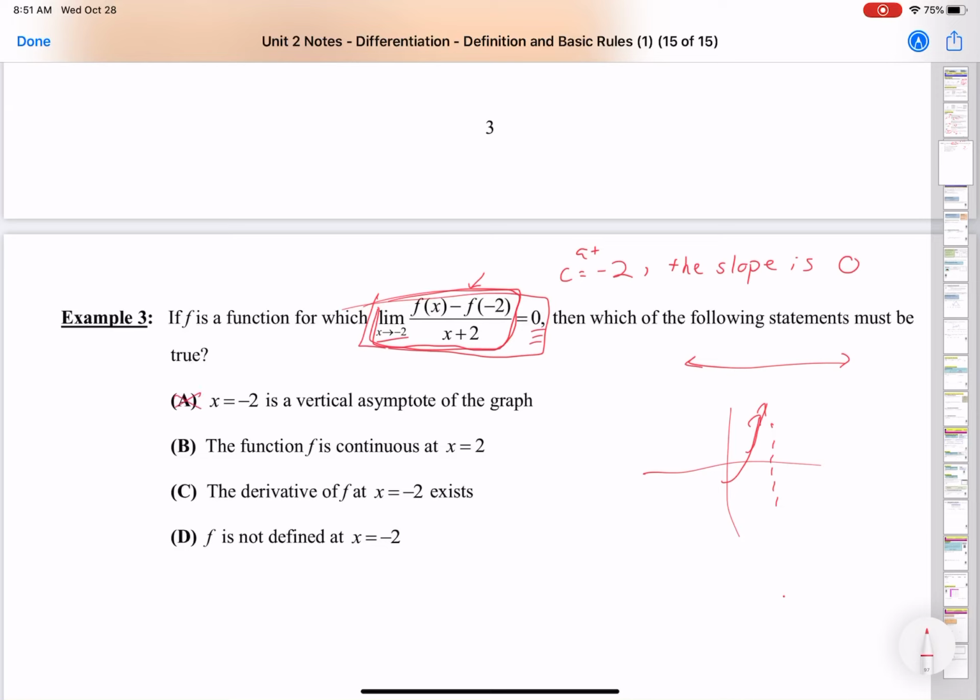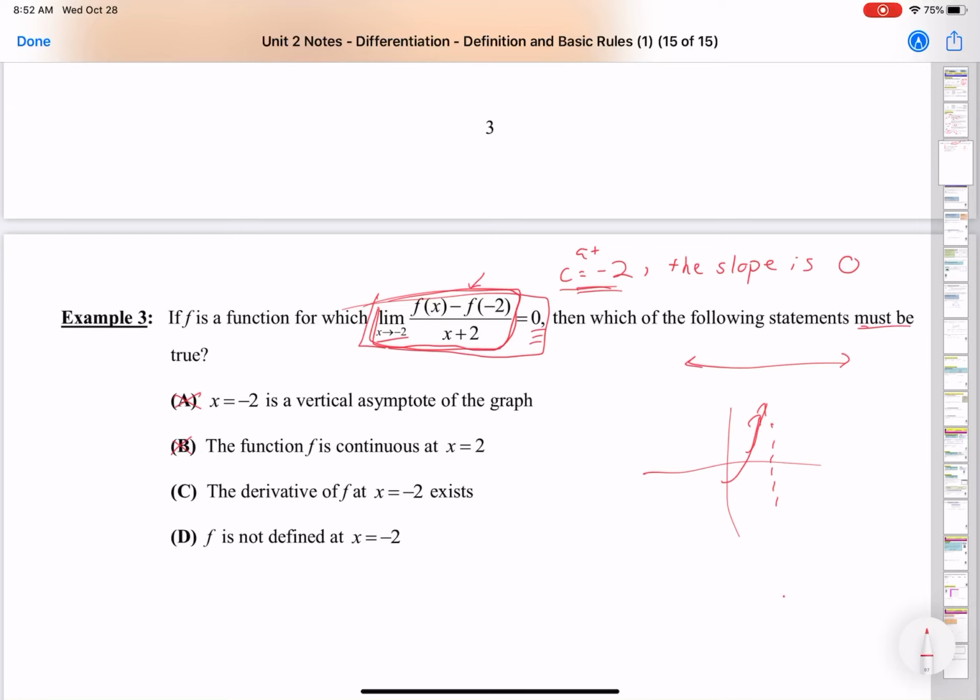So it's not A. B, the function f is continuous at x equals 2. Well, do we know anything about x equals 2? All we know about is x equals negative 2. So this function might be continuous at x equals 2. We have no way of knowing. And since we're looking for what must be true, we can't say that's true.